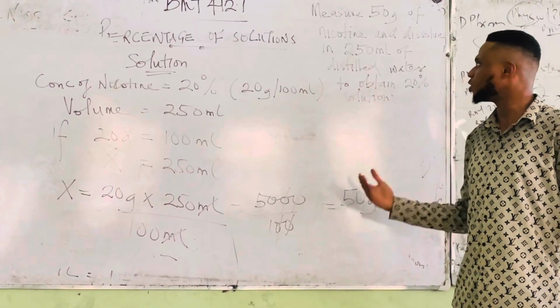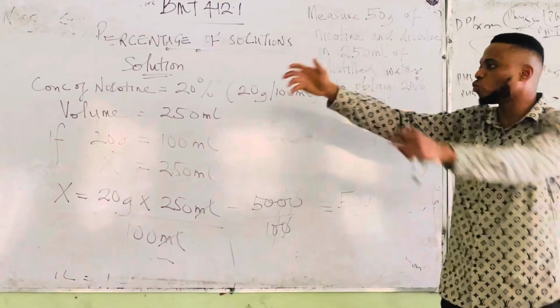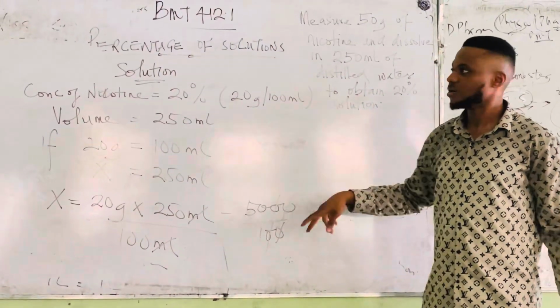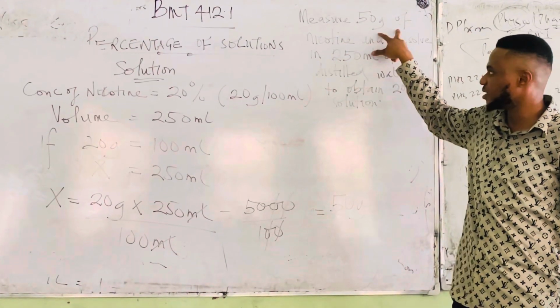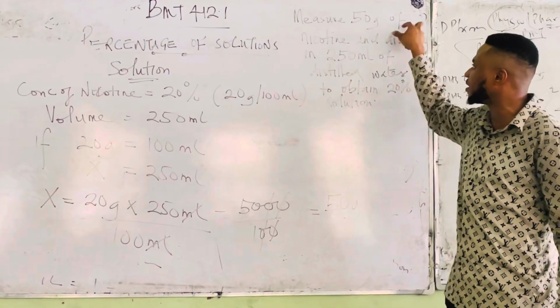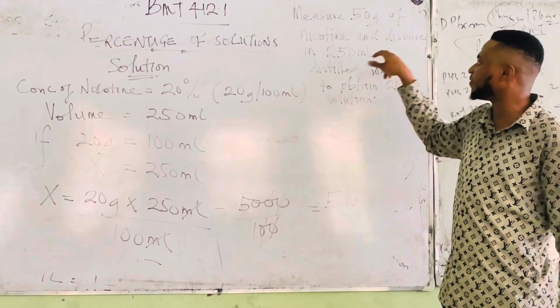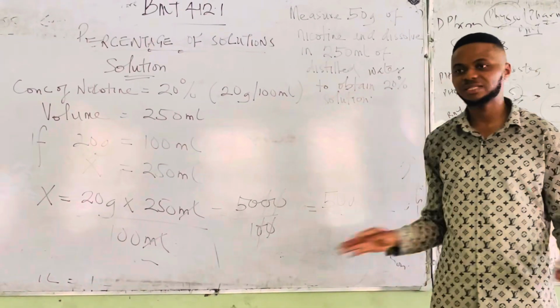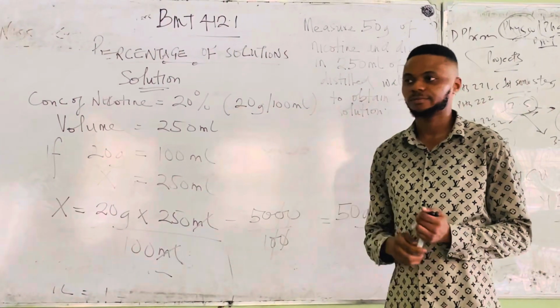So we go to where we have that solid, in this case nicotine, and measure 50 grams of nicotine and dissolve in 250 ml of distilled water to obtain 20% solution. That is the idea. That is it.